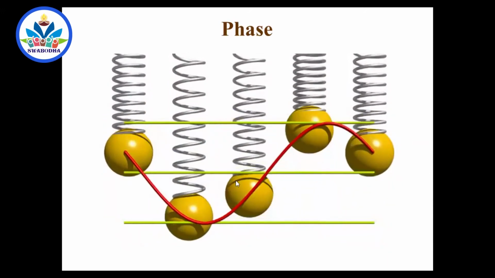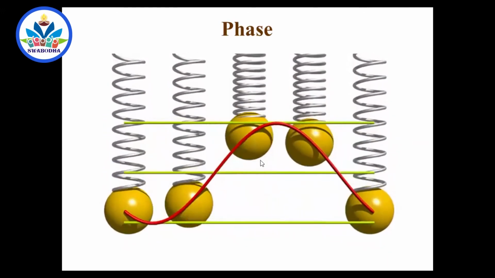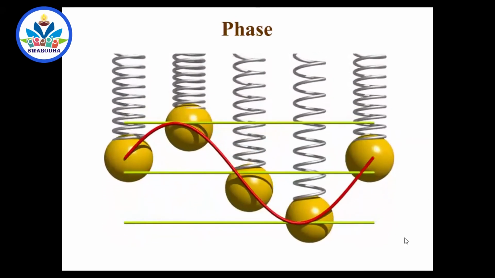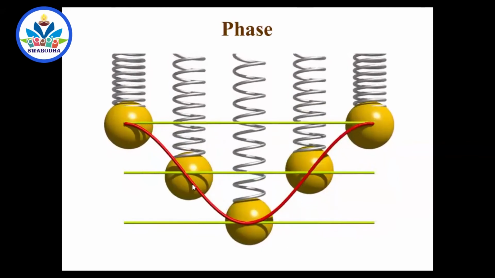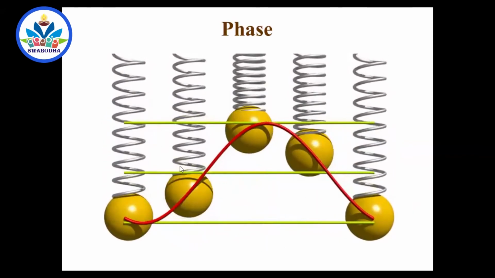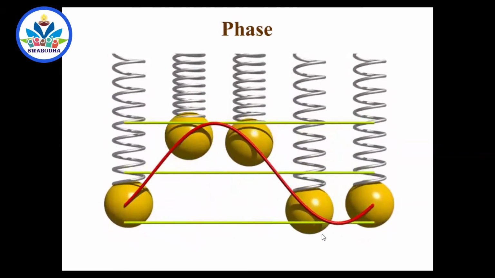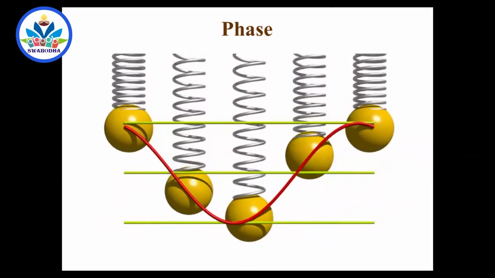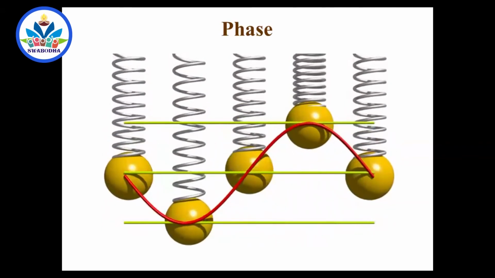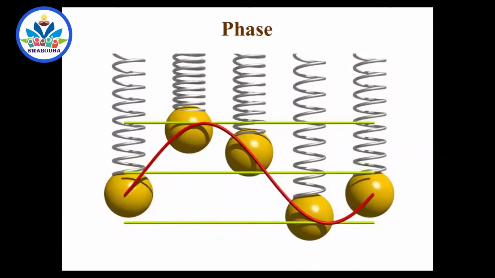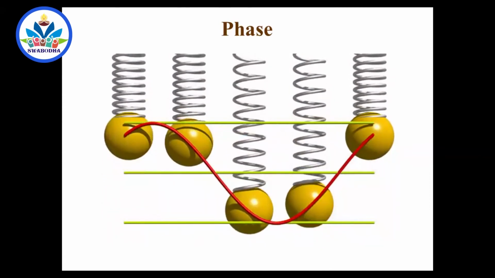Okay, try to understand how the molecules are. So exactly opposite phase, this and this, first and third, third and fifth, second and fourth, exactly opposite phase. When one is at maximum, another is at minimum. And remember, any two particles will be vibrating with some phase depending on the distance between them.